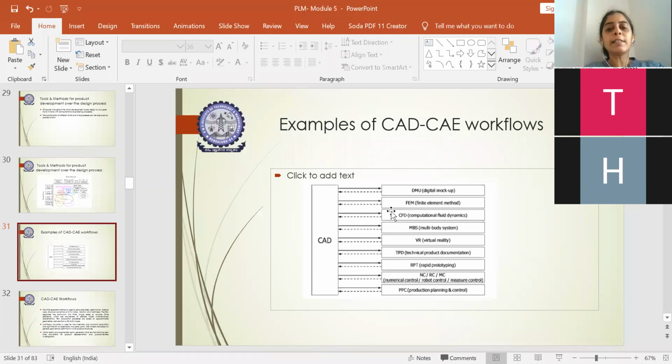And once the analysis is done, the simulation can also be done if it is a fluid related part. So here you will be using computational fluid dynamics, which is called CFD, to run the simulation part. And after that, you have one more system called a multi-body system. So suppose you have n number of parts in a product that you have to design. So it has to be assembled to get a single product.